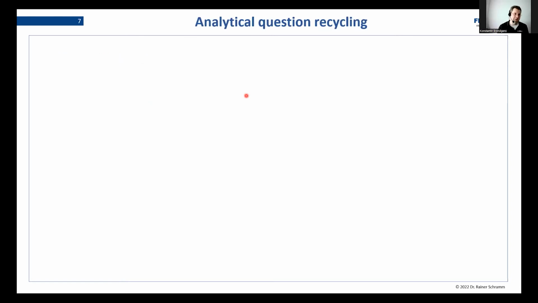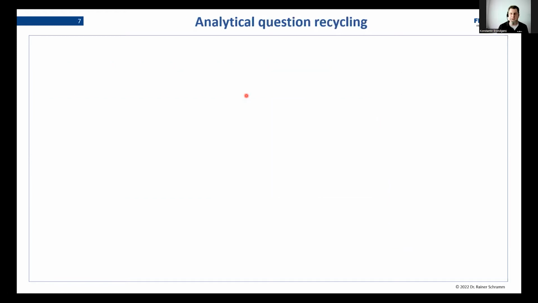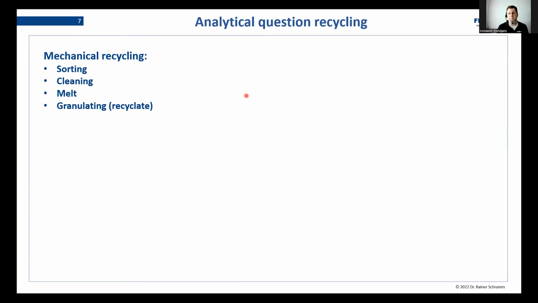That is one of the regulations we have. Another field we talk about is recycling of materials, and especially plastics. This is getting more and more interesting. When it comes to these polymers, we have basically two approaches.